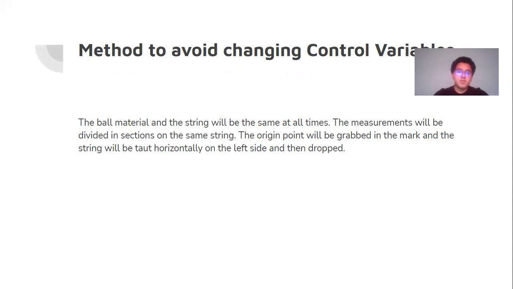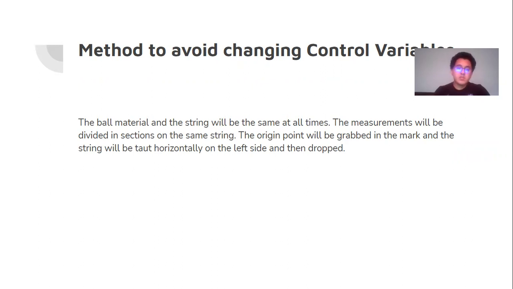Now, we move on to methods to avoid changing the control variables. In order to basically be on track with the control variables not changing, we need to do some things. The ball material and the string material will be the same at all times.